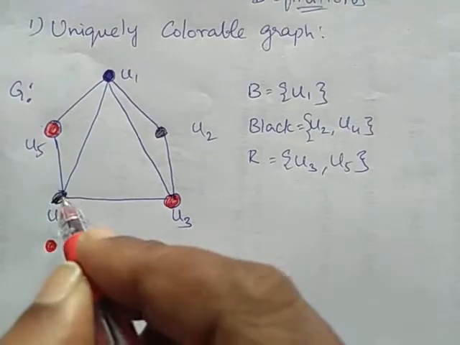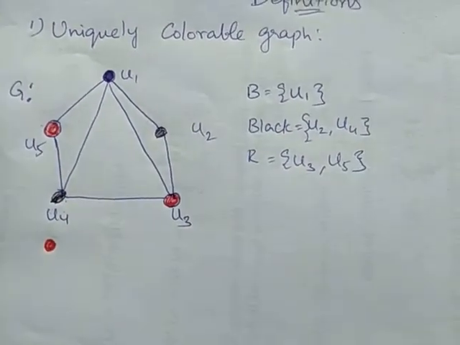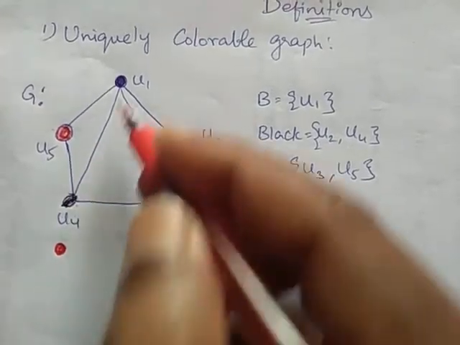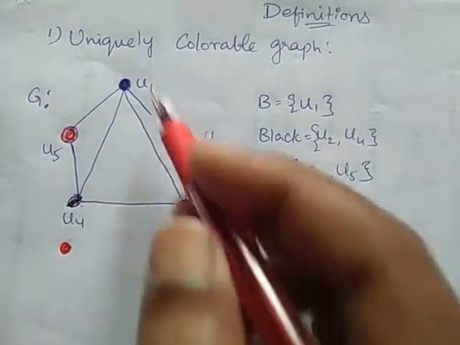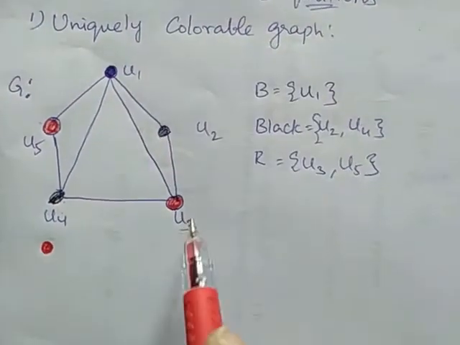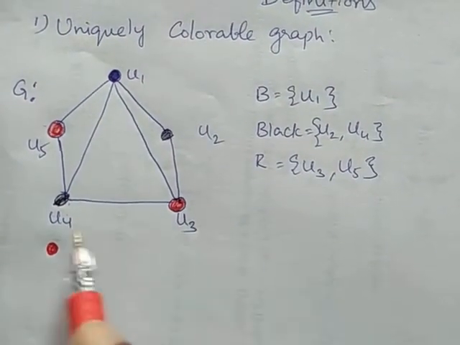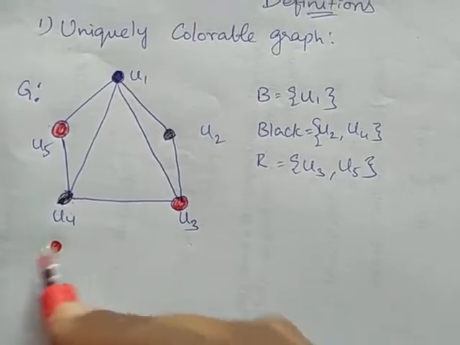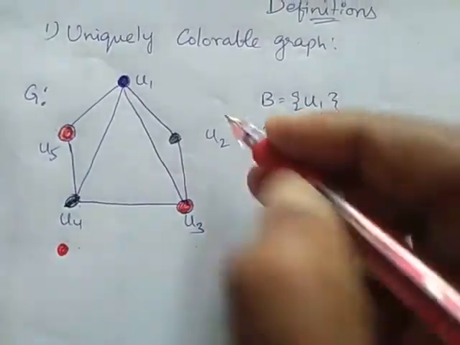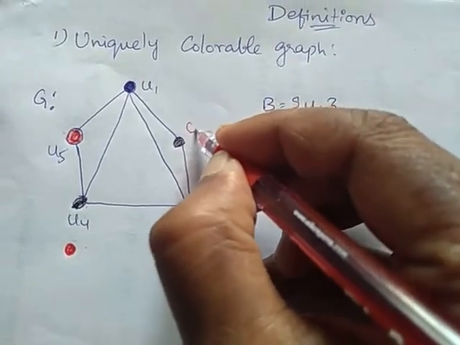Just assume instead of black color I'm giving red color to U4. Since U1 is adjacent to U4, I cannot color U1 using red color. And U3 is adjacent to U4, so I am not using red color here. U5 is adjacent to this, so I am not using red color here.